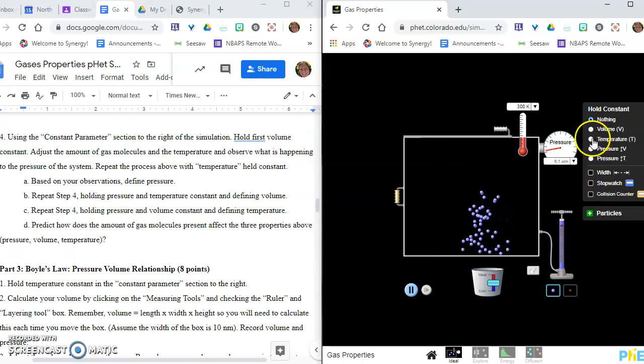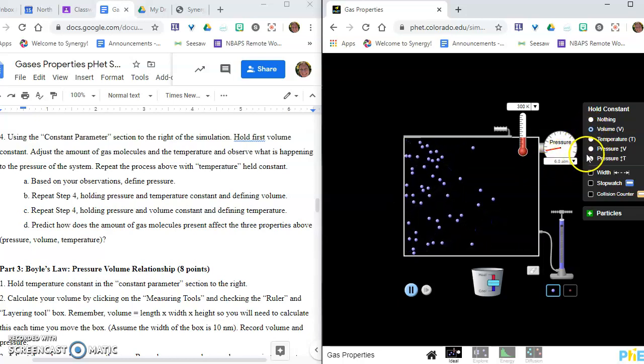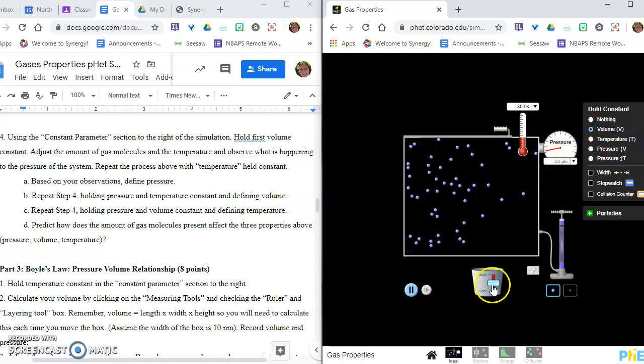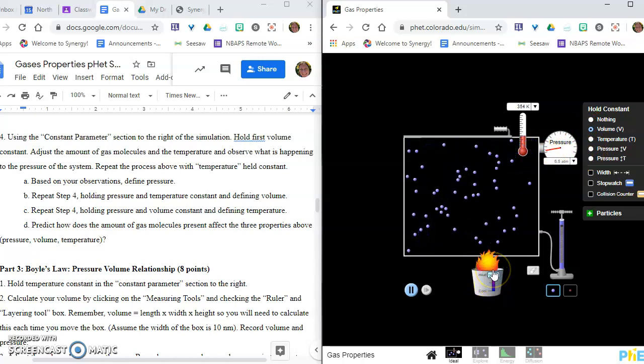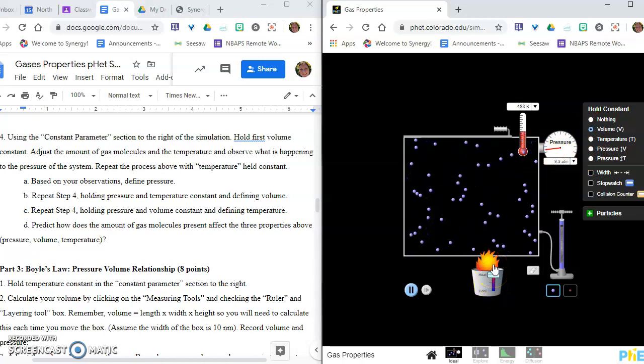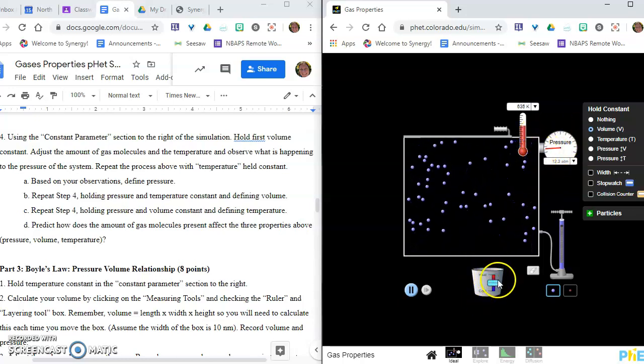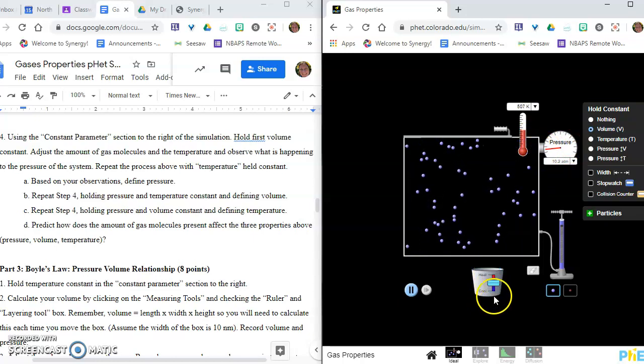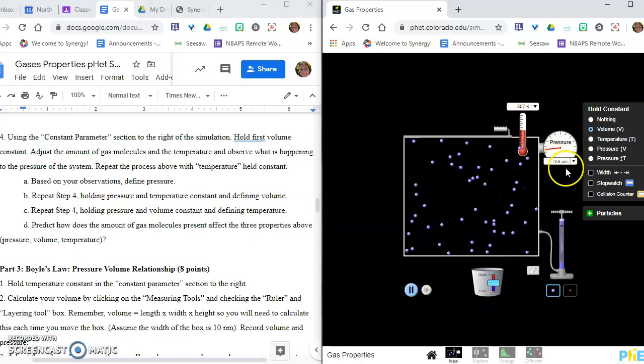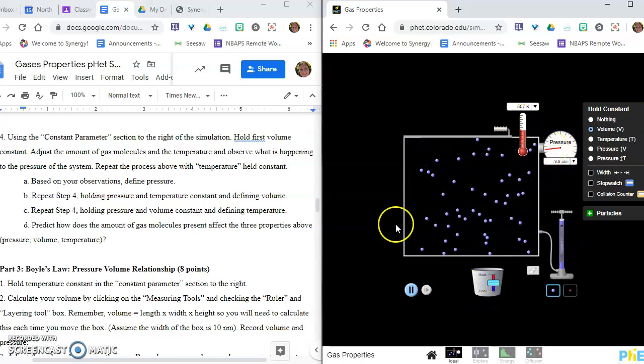We're going to keep temperature constant. No, we want to keep volume constant. When I change the temperature and volume is constant, my pressure increases and decreases.